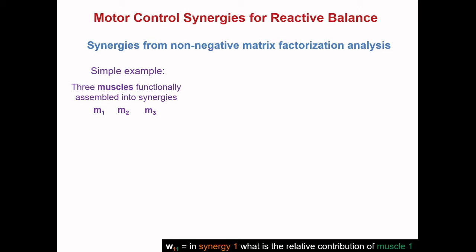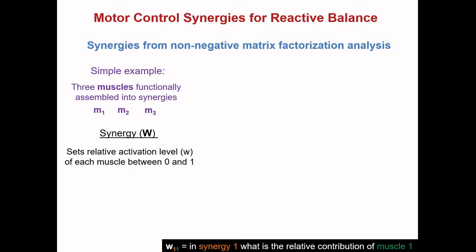In this example, we will assume that there are just 3 muscles that are being organized into synergies. These muscles are M1, M2, and M3. In this theory, a functional movement depends upon multiple synergies working together.